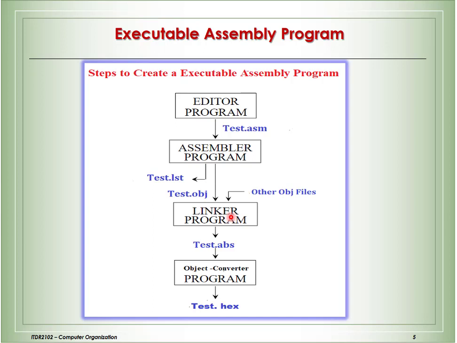Then the linker generates test.abs, the test absolute file, and this test.abs file is fed into a program called the object converter, which converts it to test.hex, which is in hexadecimal. So this is how the assembly program is executed.